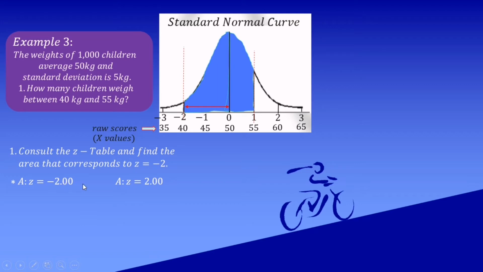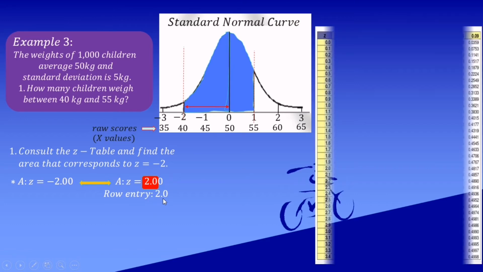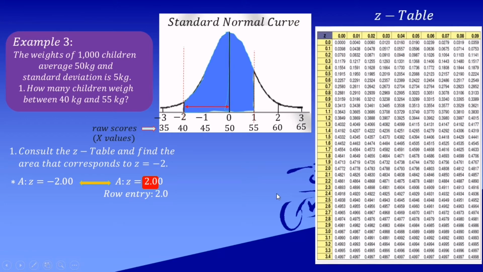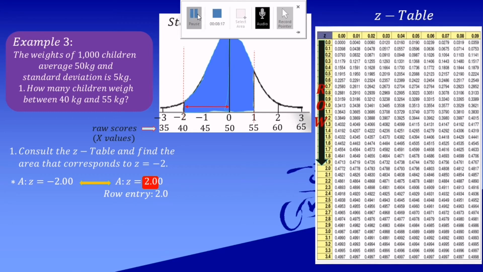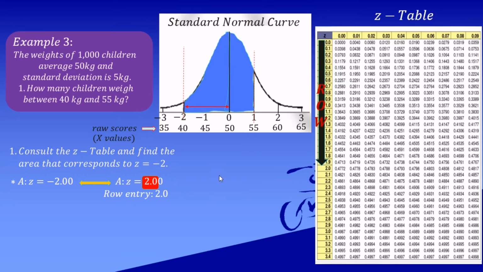Given our z is negative, so ignore the negative sign, then gamitin na yung positive 2. So first 2 digit natin is our row entry, so 2.0. So consult the z table, then locate 2.0 as a row.